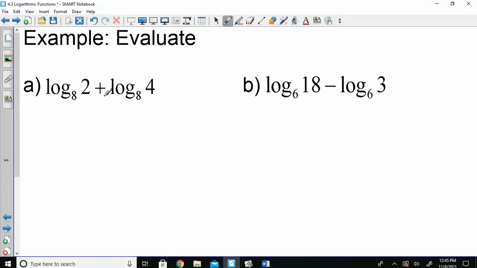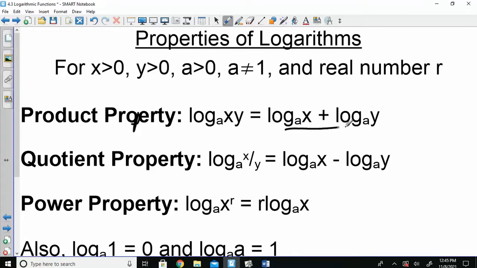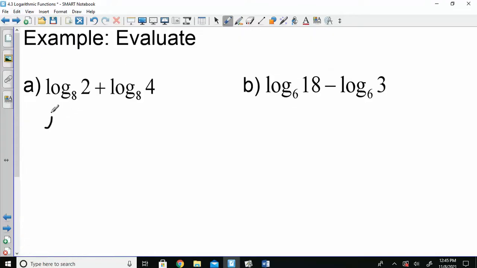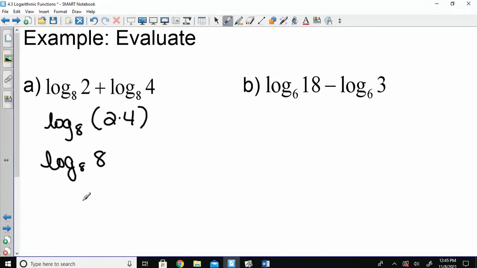However, we could use one of our properties. If you have two logs being added, that means you can put them together by multiplying. So this is log base 8 of 2 times 4, or log base 8 of 8, and that just means 8 to what power equals 8? 1.